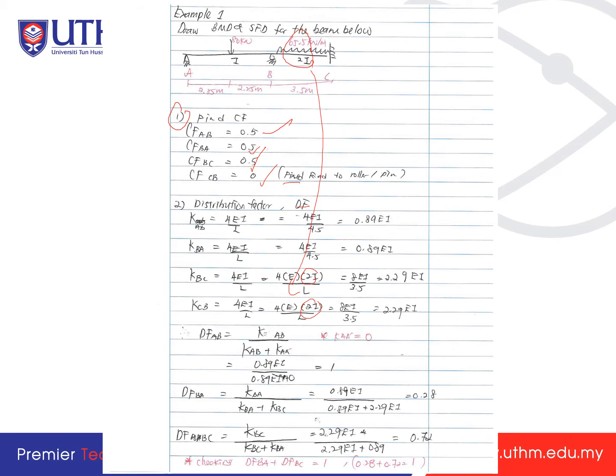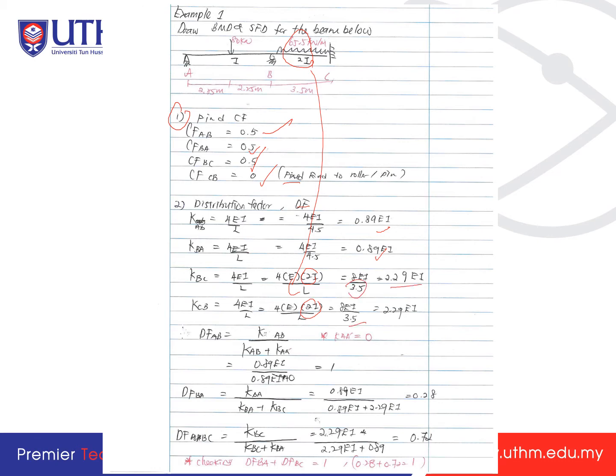So when you put in a value 4EI over L, 4.5, you get 0.89 EI. And BA is also 0.89 EI. Then BC is 4E times 2I over L. L is 3.5, so it's 2.29 EI.